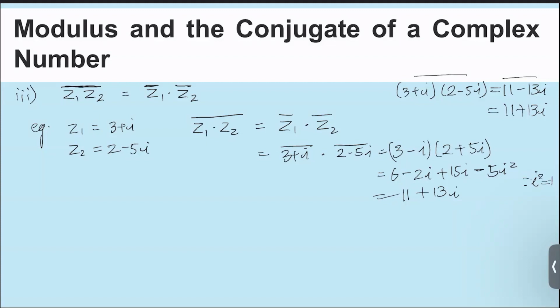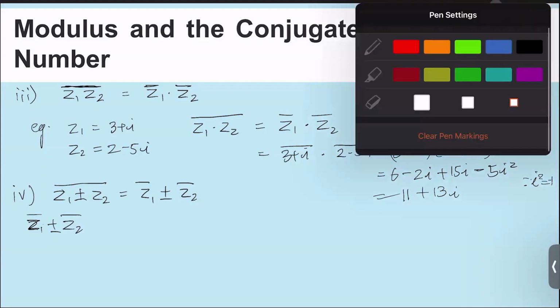Similarly, you can get the results. The next one that we have is that the conjugate of the sum or the difference of two complex numbers will be the sum or the difference of the conjugates of the individual complex numbers. Taking the same example, let's see. If you follow the relation, let's first take the sum.